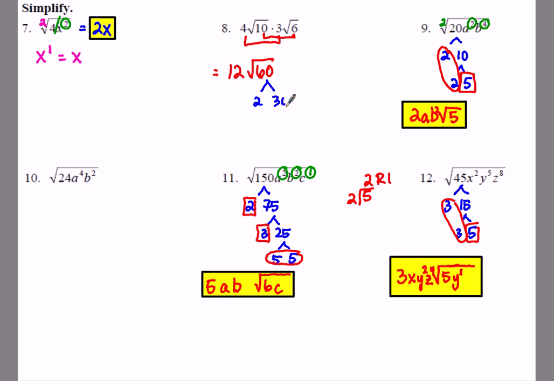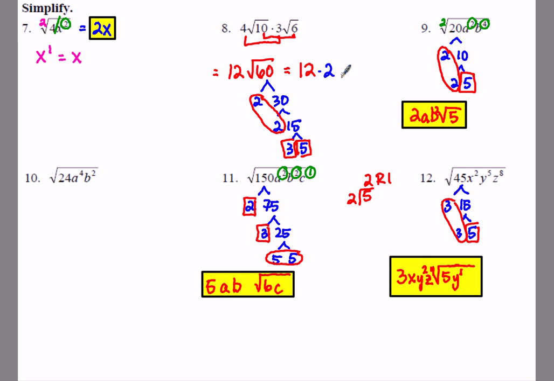2 times 30, 2 times 15, and then 15 becomes 3 times 5, so you're looking for pairs, which would be your 2's out front. Now your 3 and your 5 don't have any pairs, so they're going to be left underneath. And this 12 is still outside. However, we're going to have to multiply it by this 2 that we brought out.